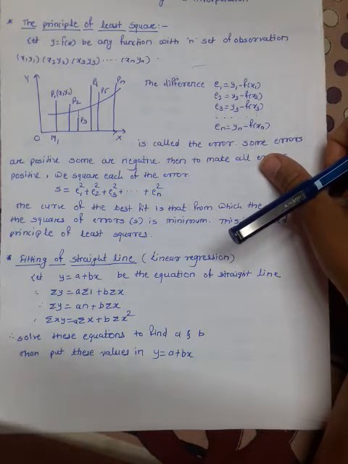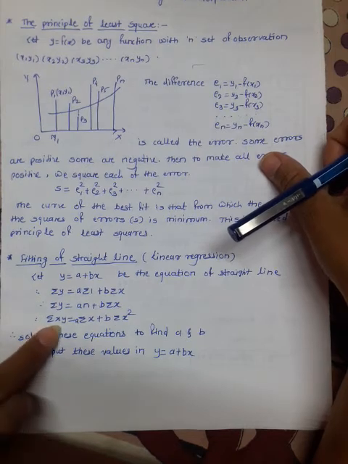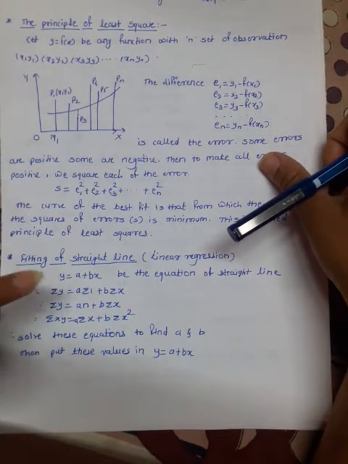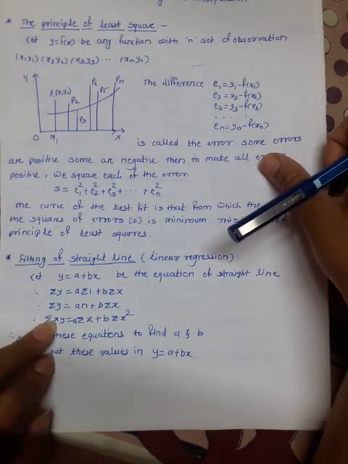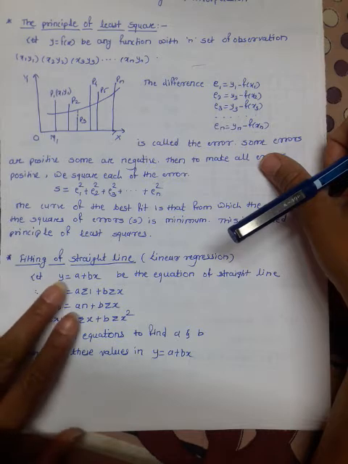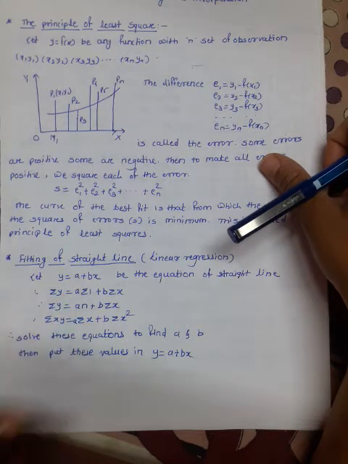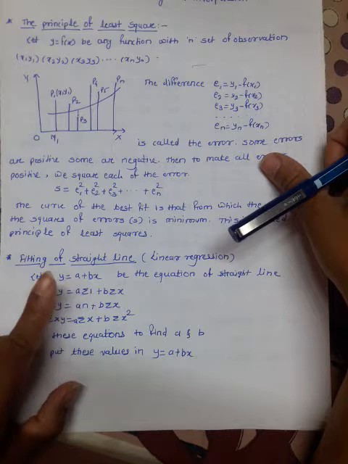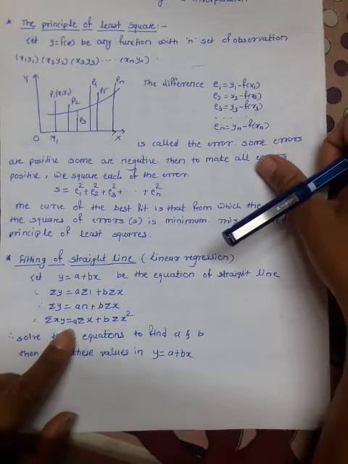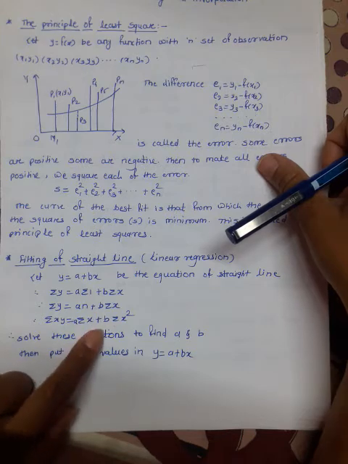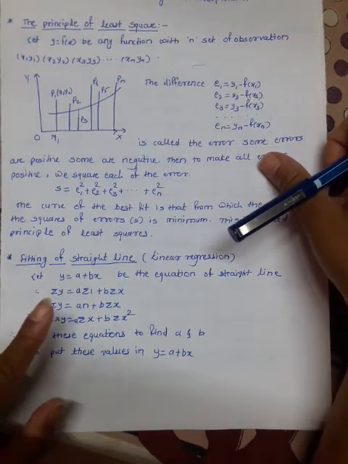Therefore, multiplying this equation by x and taking summation over the number of observations, we get these two equations. First, take summation over this equation as it is, and then multiply both sides with x and then take summation over the number of observations. We get these two equations in a and b.